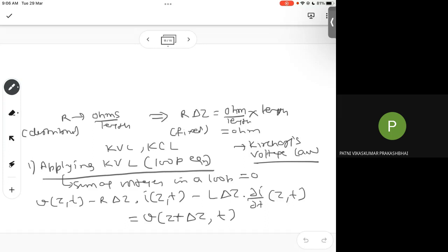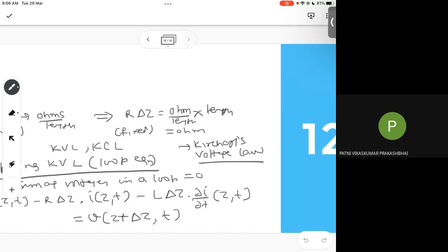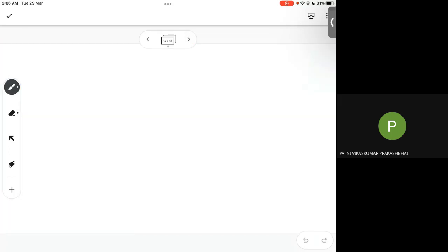Nothing great, very simple. Here for your reference, so that you don't refer to any other book, V(Z,T) is the instantaneous voltage. As we have seen in AM and FM, we use the word instantaneous when the time concept is there. And here my time concept is very important, because with time there is a delay and so on.